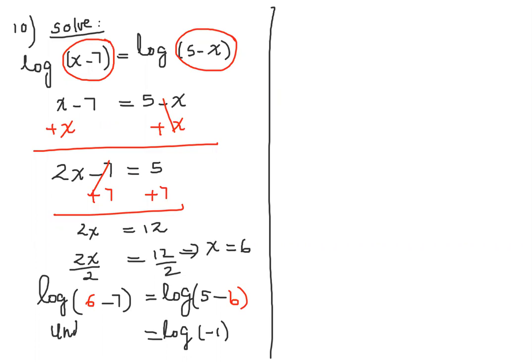If you enter on your calculator, it's going to give you an error because log of any negative number is not defined. So in this case, there is no solution. So for all the logarithmic problems, you have to make sure you don't get log of any negative number. So we have to always go back and plug it in and see if it works.